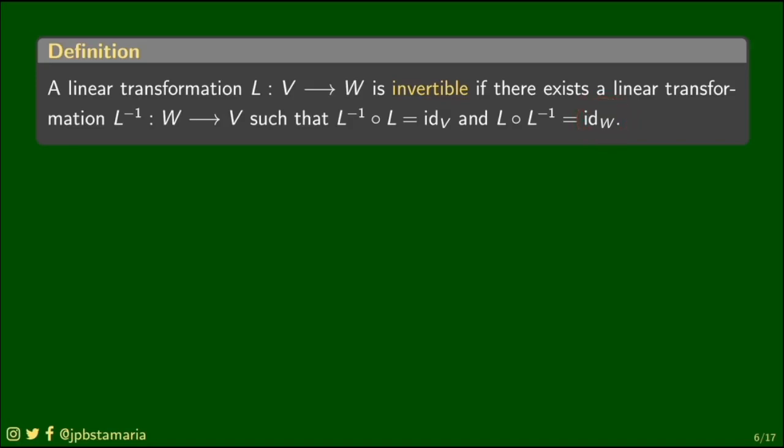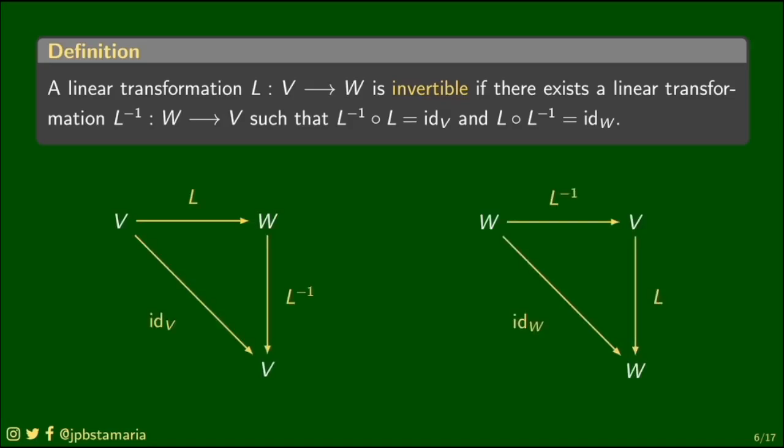Now, in order to remember these equations, I have made these diagrams for you. You can think about this as L, and then L inverse is a function from W to V. The composition is now from V to V, so the result must be ID_V if you want L inverse to reverse L. At the same time, if you want to remember this equation instead, L inverse is the transformation from W to V, and L is the transformation from V to W. So the composition L circle L inverse is ID_W.